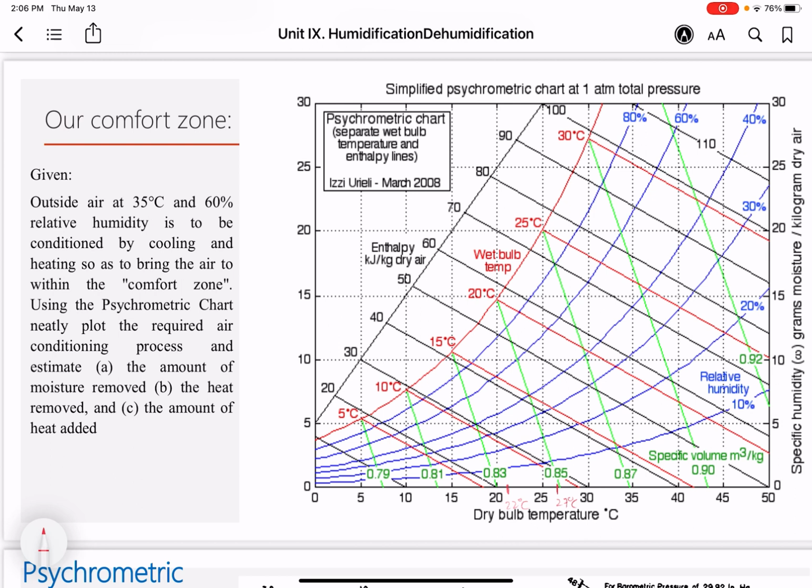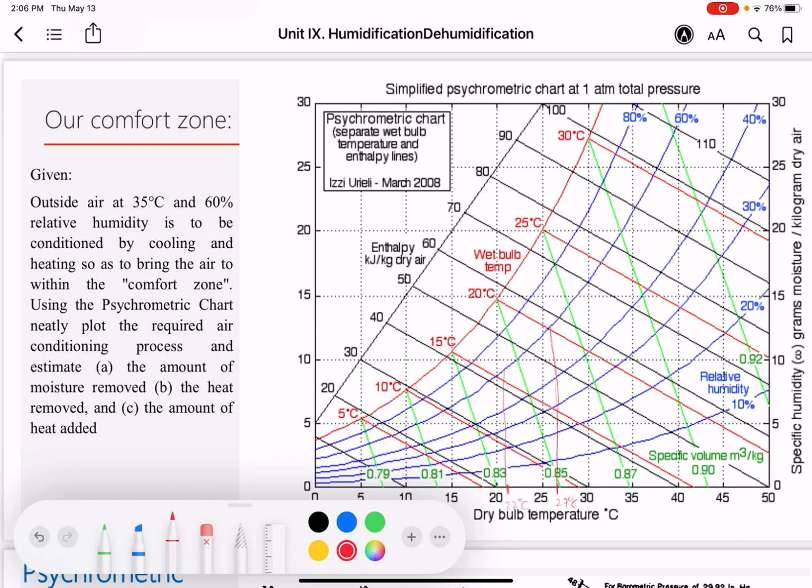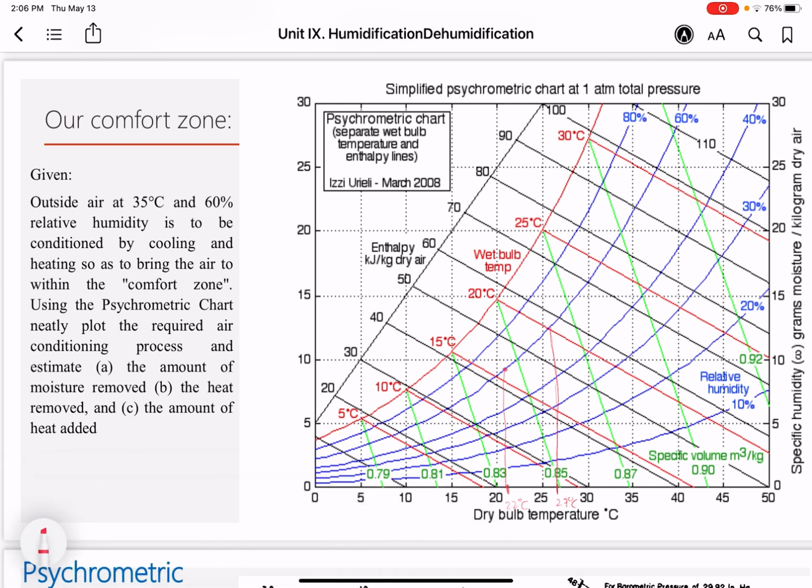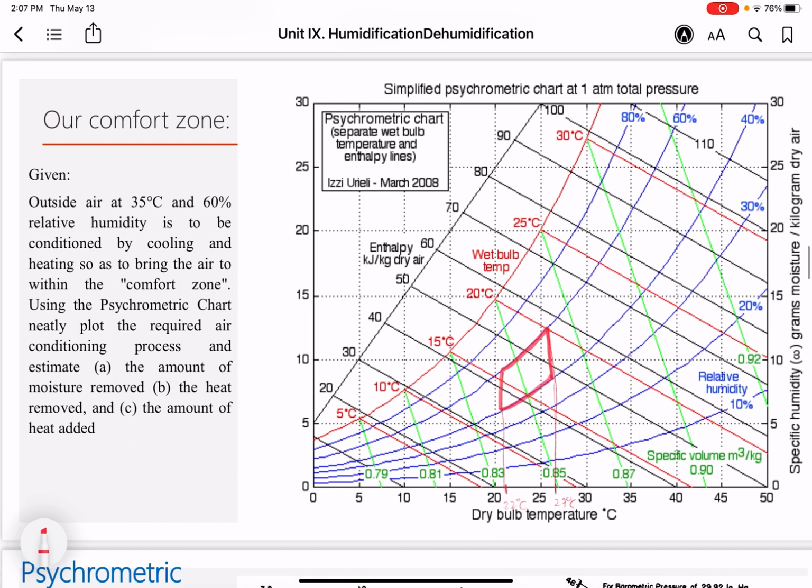So project the 22. Should make this straight line, sorry for that. So we find, therefore, that our comfort zone is just between this area. So it is between 22 degrees and 27 degrees centigrade, and the relative humidity between 40 and 60 percent.